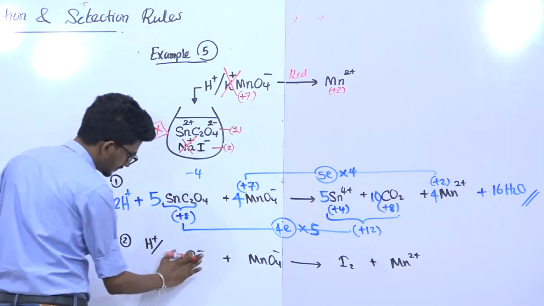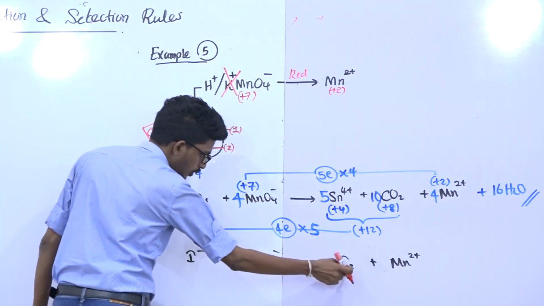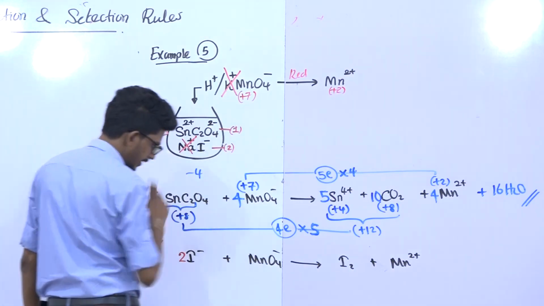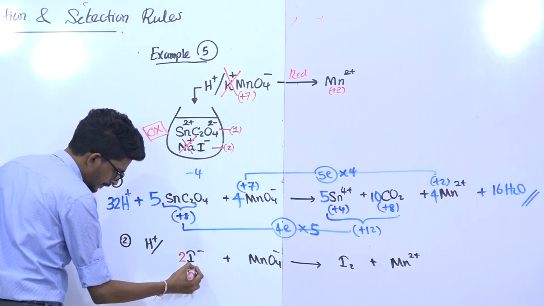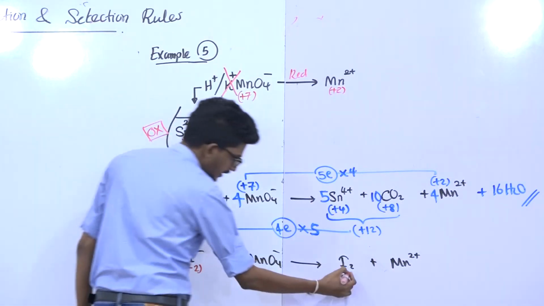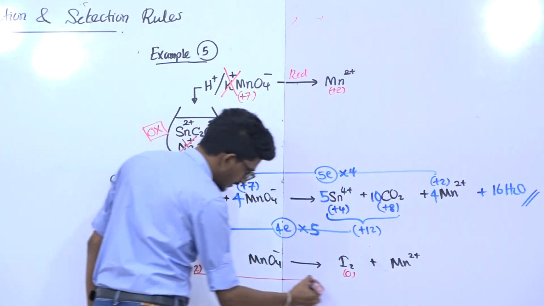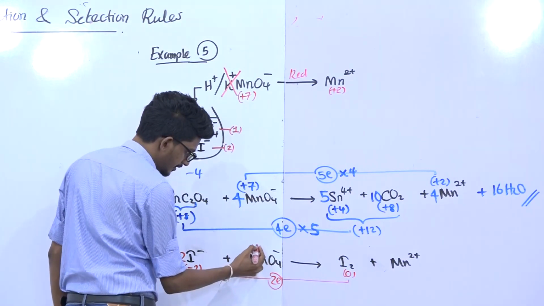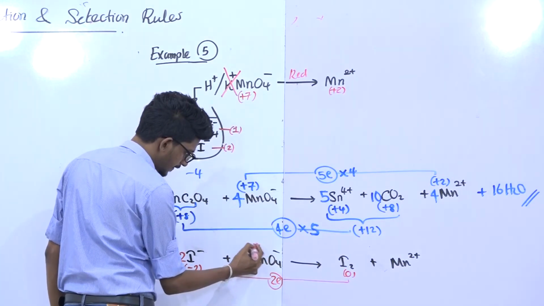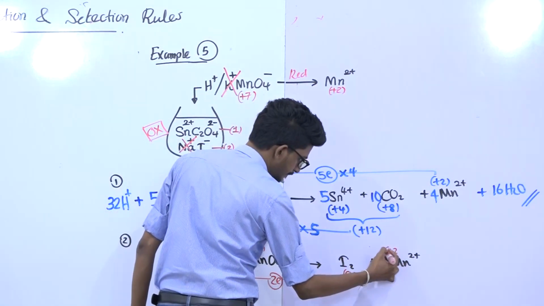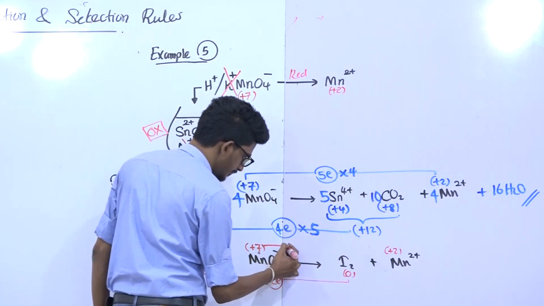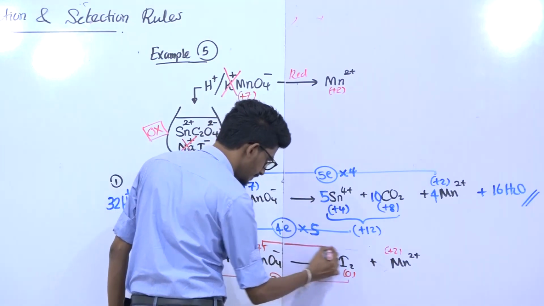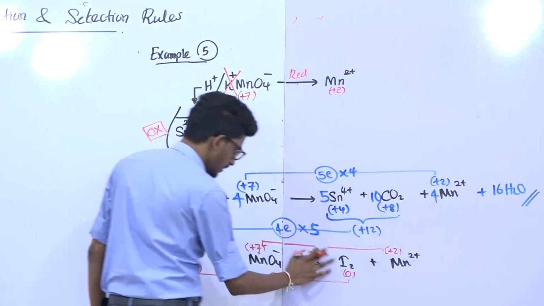Iodine is there. So first of all, iodine balancing. 2 iodines are there, so you need to come with 2 here, right? -2 here, 0 here. So that means 2 units of difference. Here manganese goes from +7 to +2, so 5 electrons difference.